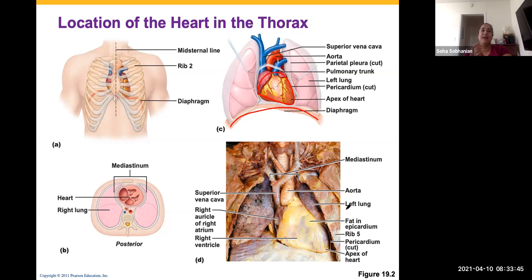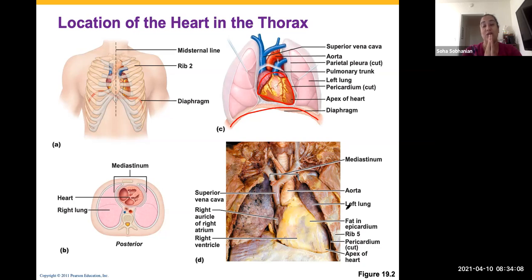I'm writing this in your chat box so you guys have that. I write this down for you to make sure you understand that when you automatically think about the word base, you always think of the bottom, right? In this case, the base of the heart actually is on the top, and the pointy part, the apex of the heart, is at the bottom. So make sure you can make that distinction, please.